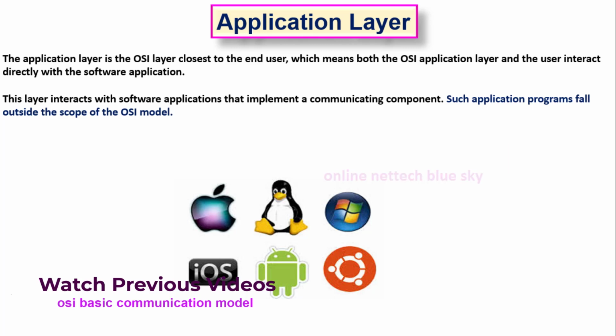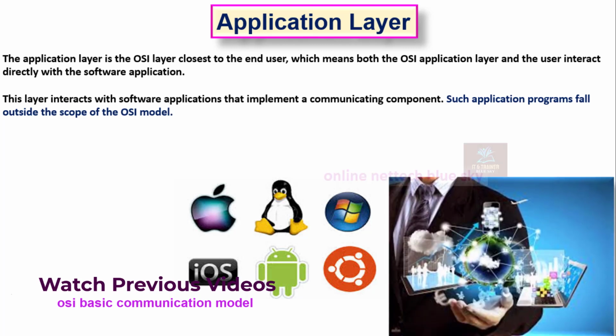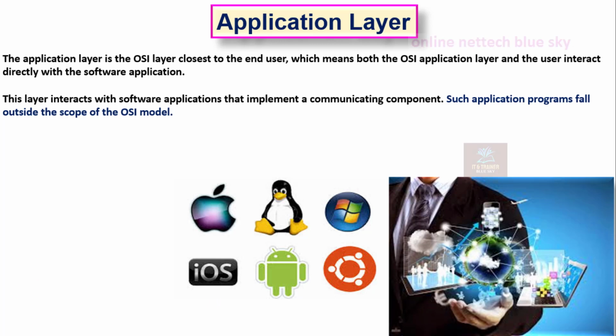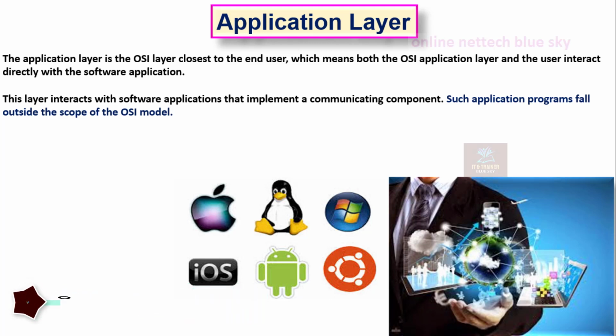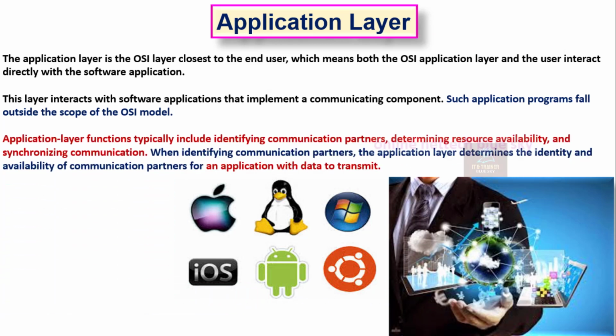Whether you want to watch a video, or send and receive files and folders through any software or program over the internet, even watching a video or any site, you first need an application. Without an application you cannot show anything on your system.